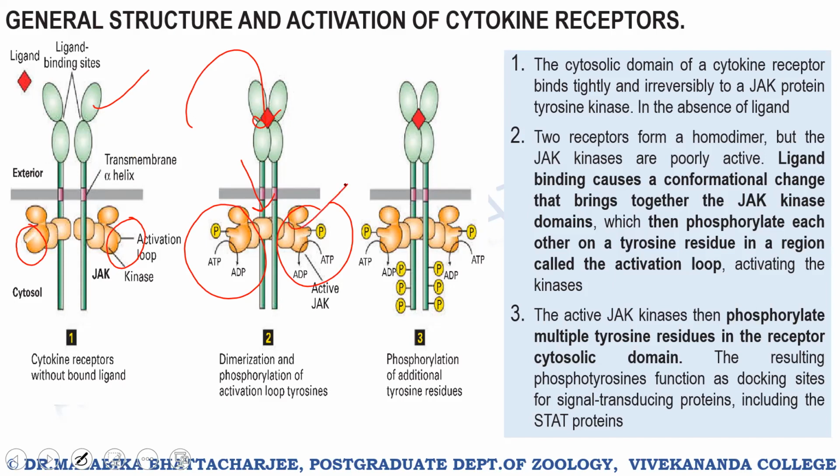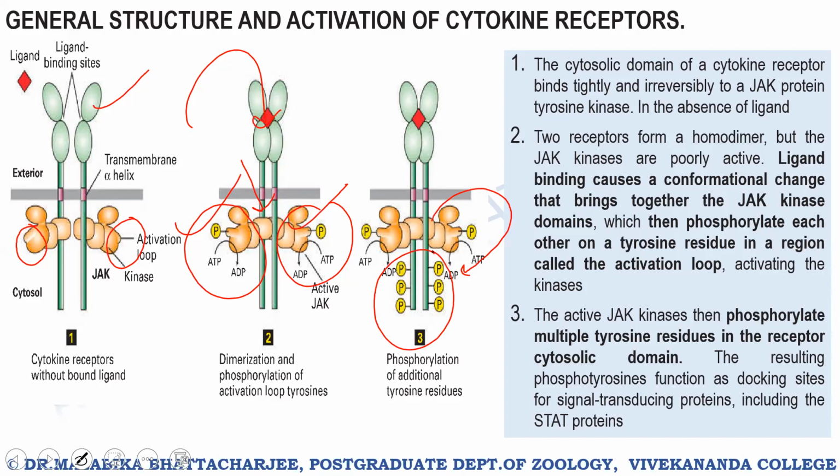Once they have become activated by phosphorylating the tyrosine in the activation loop, then these activated tyrosine residues further phosphorylate tyrosine residues on the receptor.